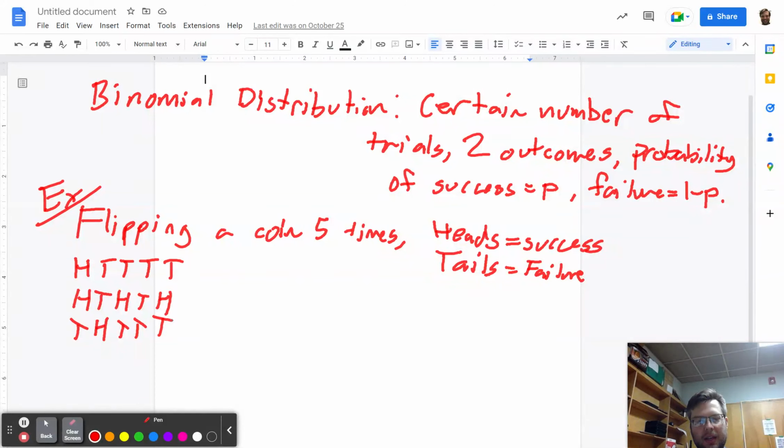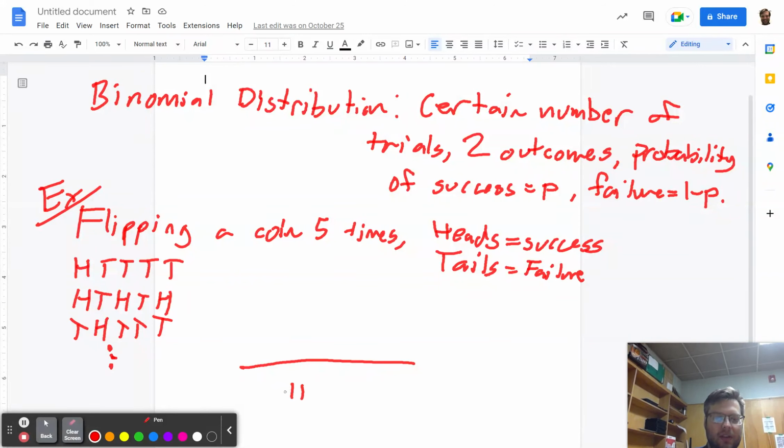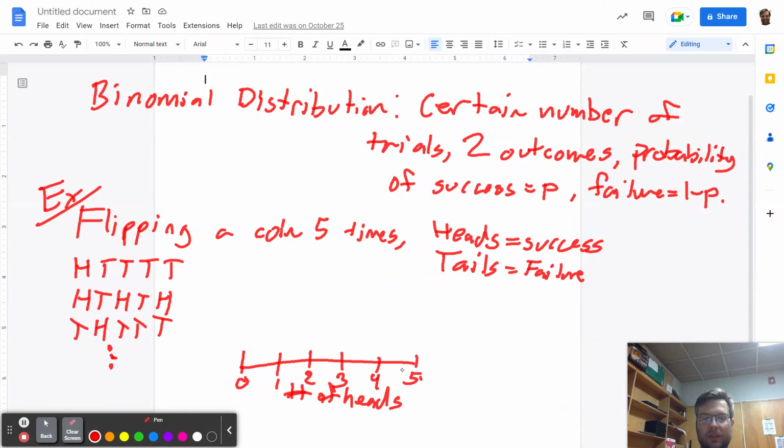And so what I mean by that is if I drew a graph, so I'm going to put a little dot, dot, dot, because those are not all the outcomes. If I put a graph down here where I'm counting up the number of heads, the only possible outcomes are 0, 1, 2, 3, 4, and 5. Those are the only possible numbers of heads because I'm only flipping a coin 5 times.